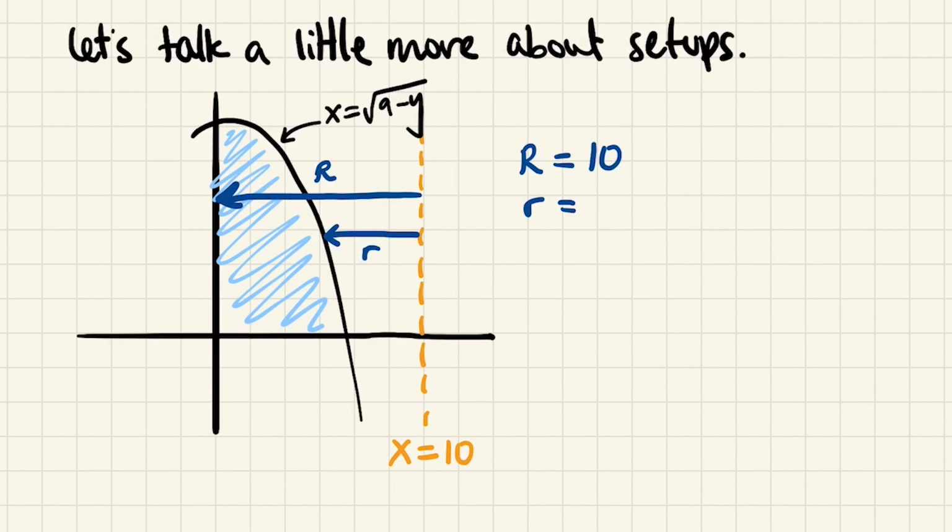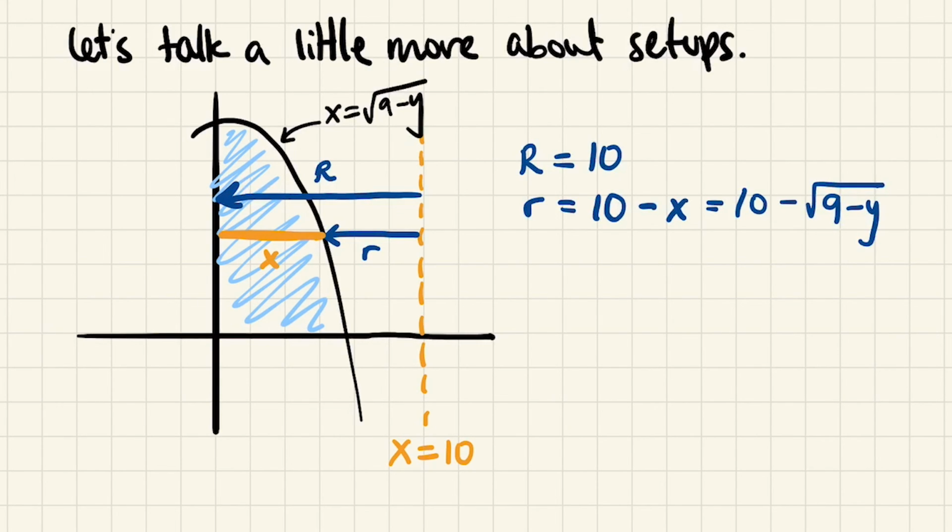Well, if we know this distance here is, and we'll call it x, which is being determined by that equation, then we can see that little r is the entire length, which is 10, minus this length of x here. Okay, but since we're integrating with respect to y, we would have to write this in terms of y, so we'd go 10 minus square root of 9 minus y.